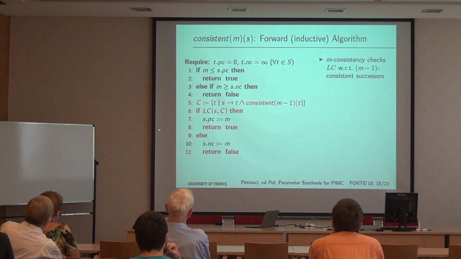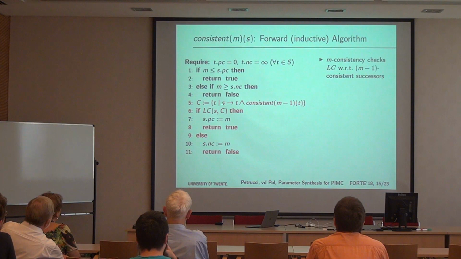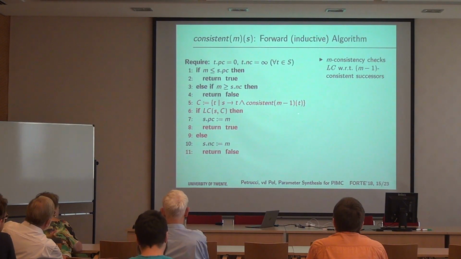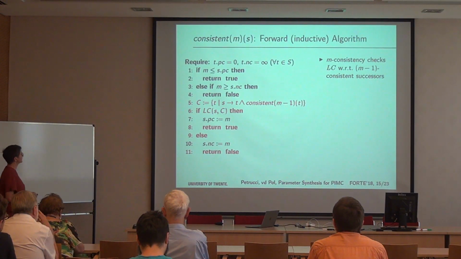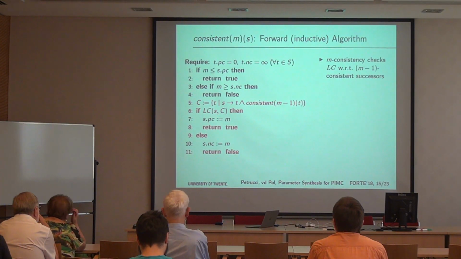Here we would have a set C of states that are successors of our state S of interest and that are consistent at level n-1, so it's all my consistent successors. If the local consistency with respect to the set C is satisfied, I'll be happy. Otherwise, I can conclude that I'm not consistent.